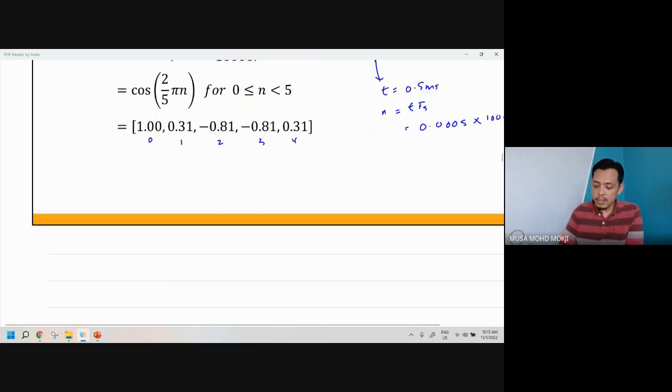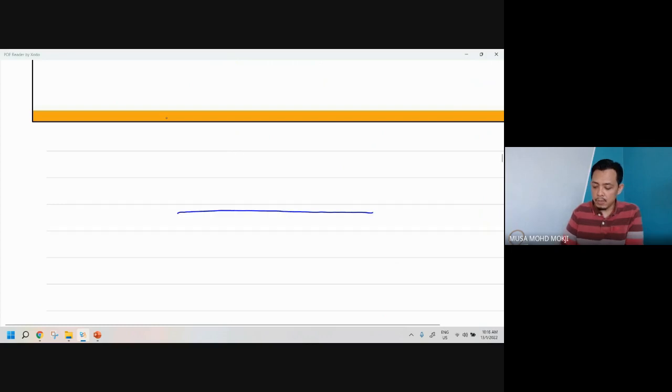So this is what we are going to expect if we do a Fourier transform. Let's say this is f. We should see something at 2,000 hertz. There must be some peak.